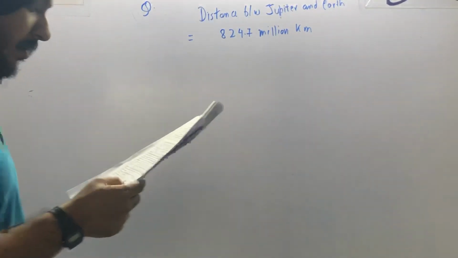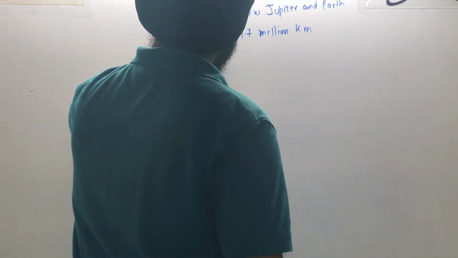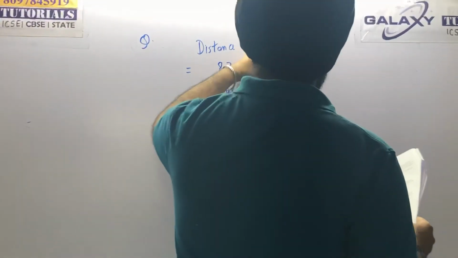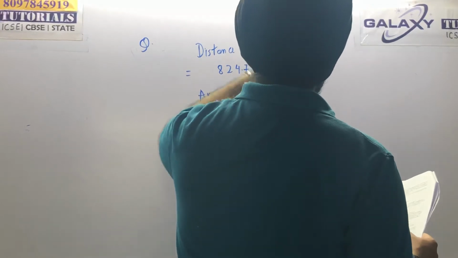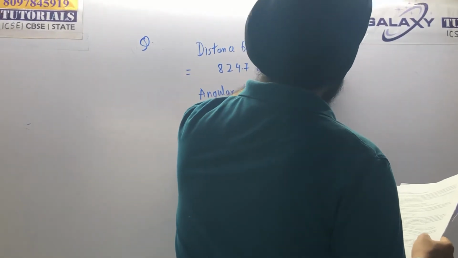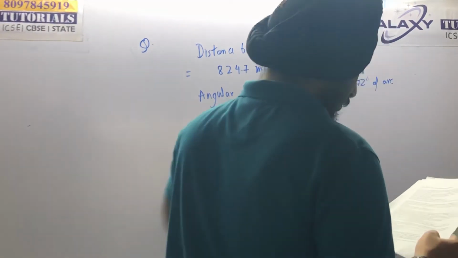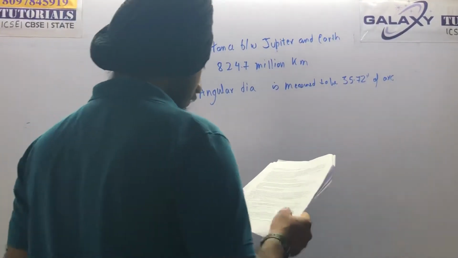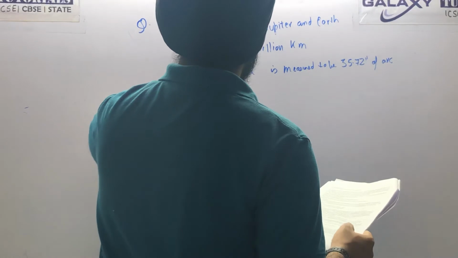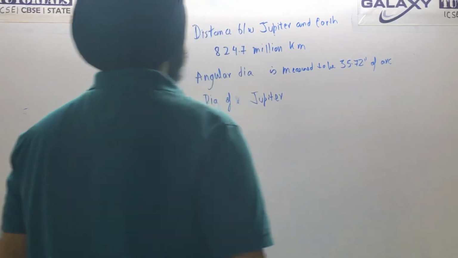Now its angular diameter is measured to be 35.72 seconds of arc. Calculate the diameter of Jupiter. So here is the question.